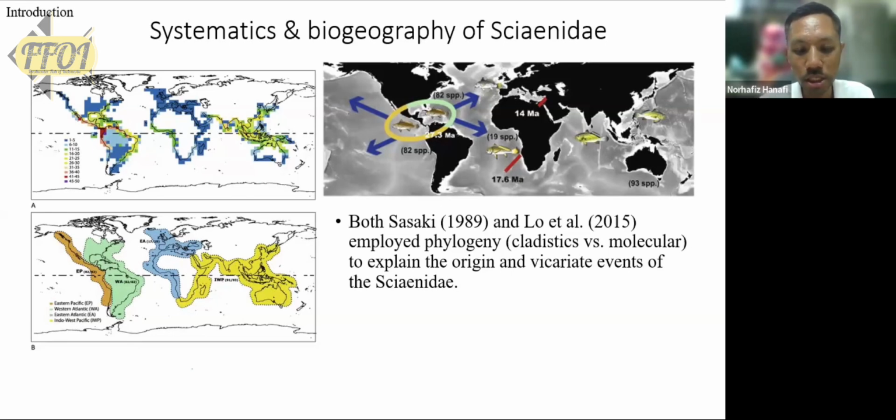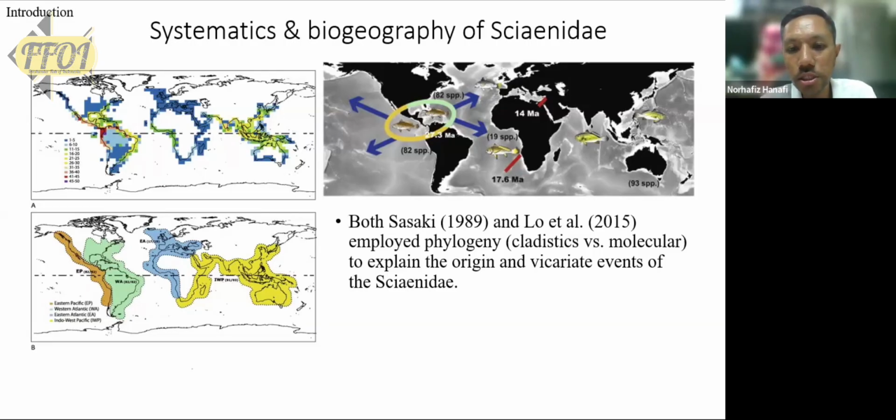Because I studied in Malaysia, and when I studied in Taiwan, they are different species. Malaysia and Taiwan have different species. Sciaenidae in Taiwan, Indonesia and India are different species. So this is a good thing, we can discover and then find new species.